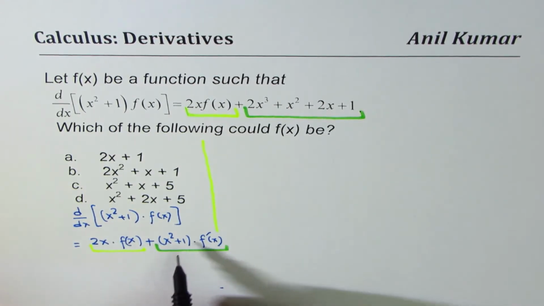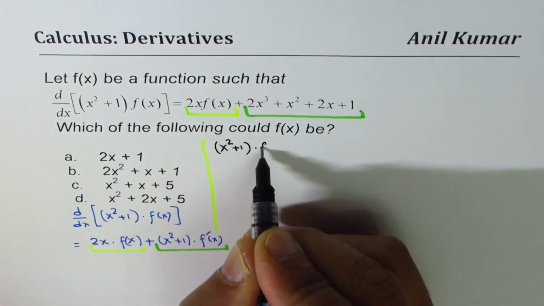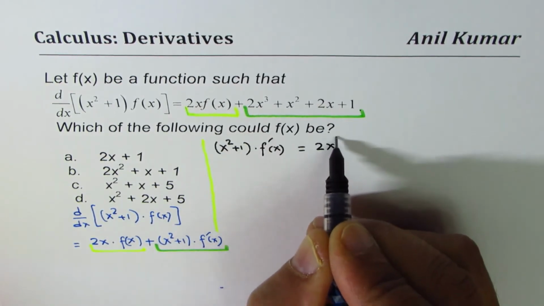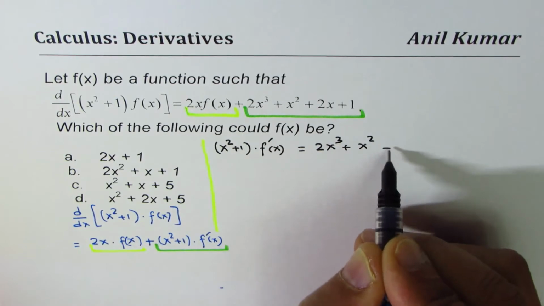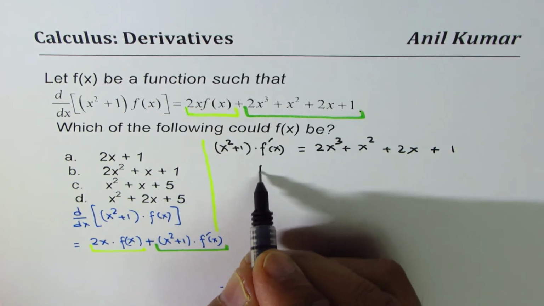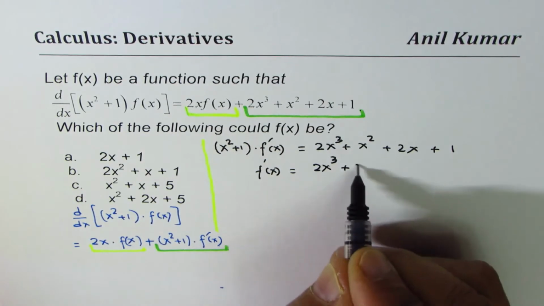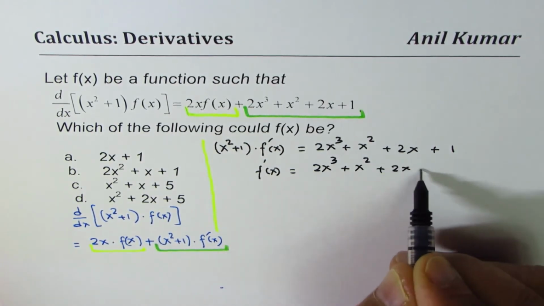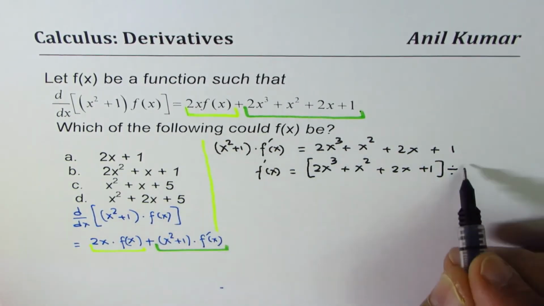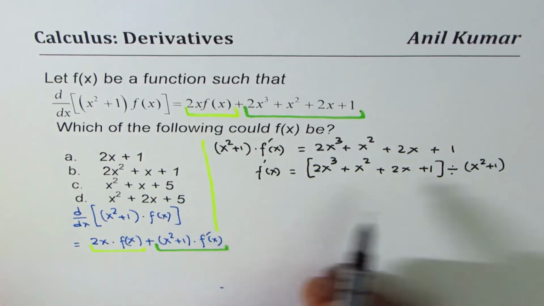So we'll equate (x squared plus 1) times the derivative of the function to 2x cubed plus x squared plus 2x plus 1. From here, we can write that the derivative is equal to 2x cubed plus x squared plus 2x plus 1, all divided by x squared plus 1. So that is the derivative.